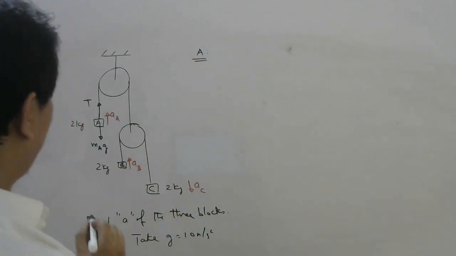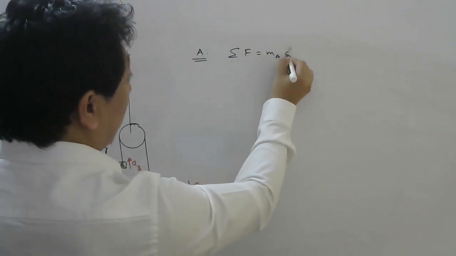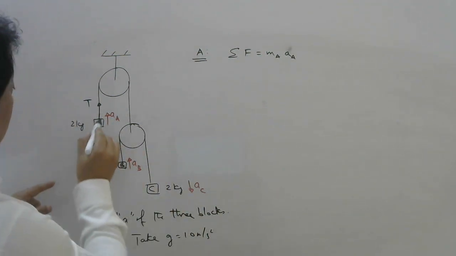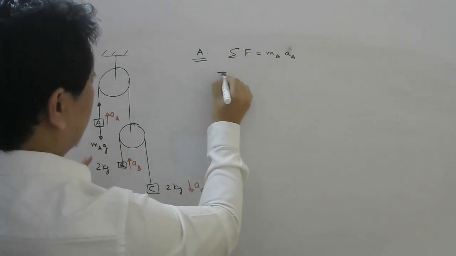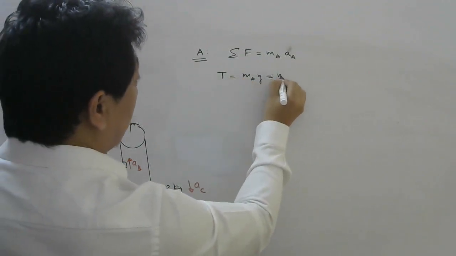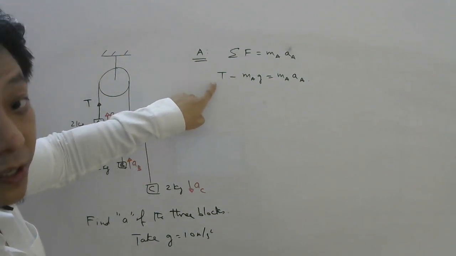Now the net force on A should be mass of A into acceleration of A. What is the net force? Tension is up minus mg is down, and that should be mass of A into acceleration of A. Why did I take tension first?